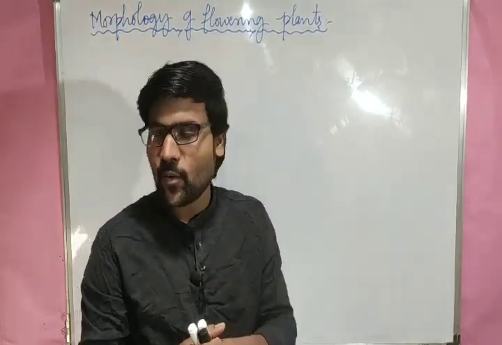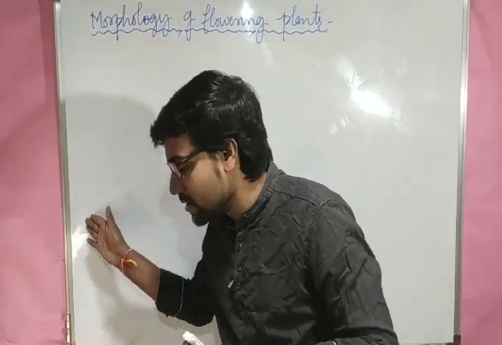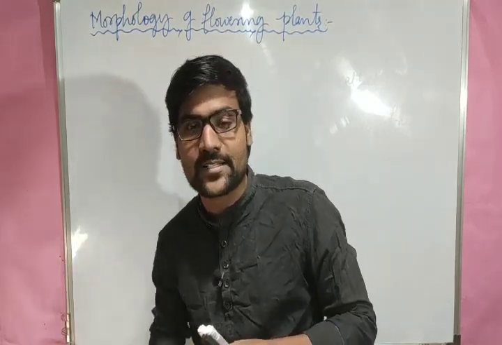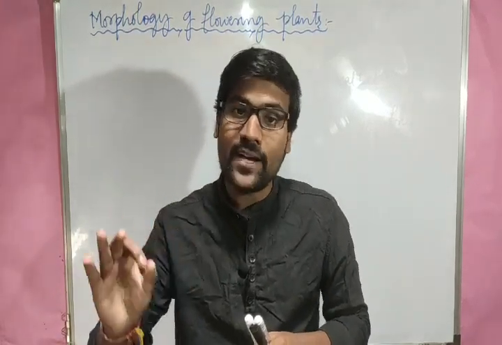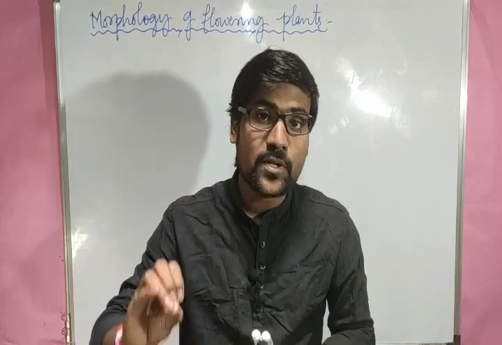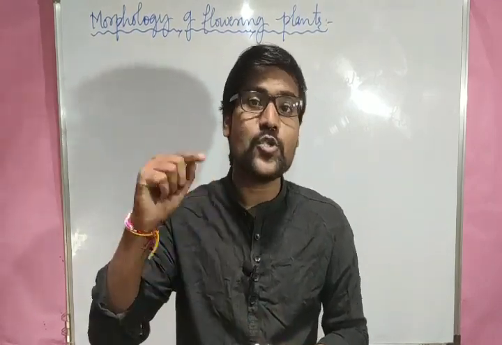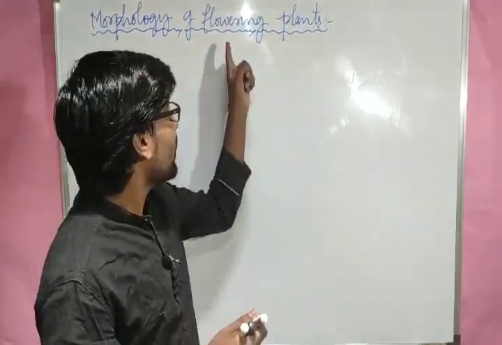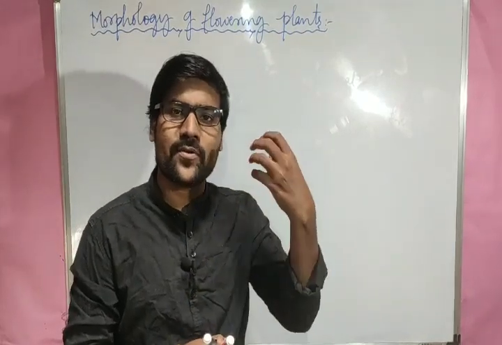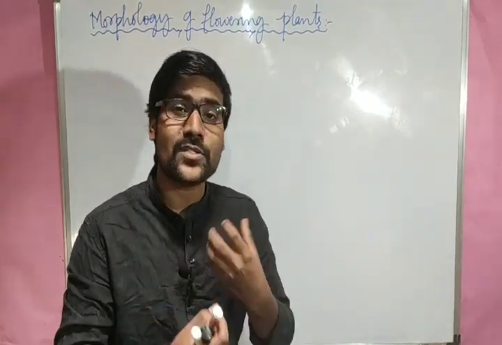Yesterday I had mentioned the 5 major groups in the plants: algae, bryophyte, pteridophyte, gymnosperm, and angiosperm. Angiosperm plants are nothing but flowering plants, the plants which will bear or produce the flowers.